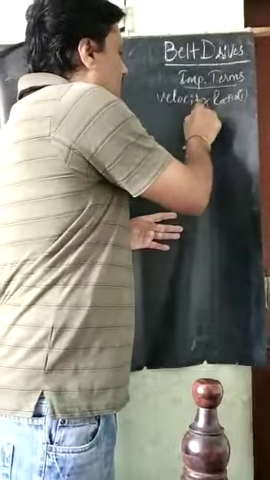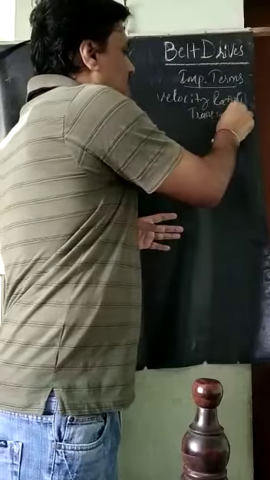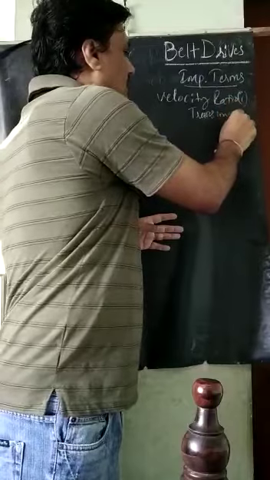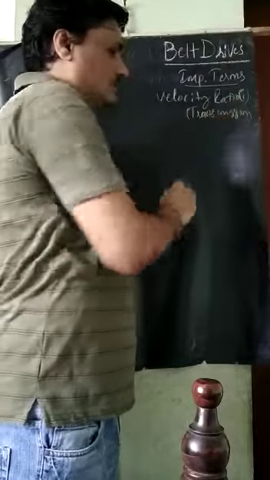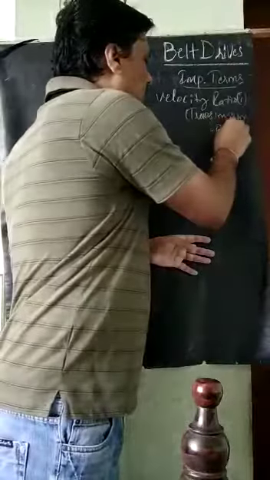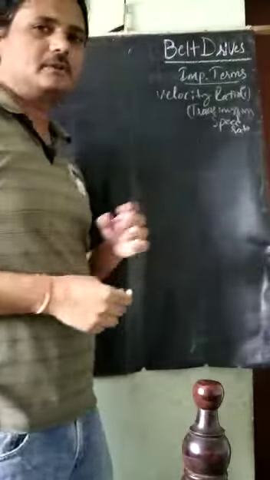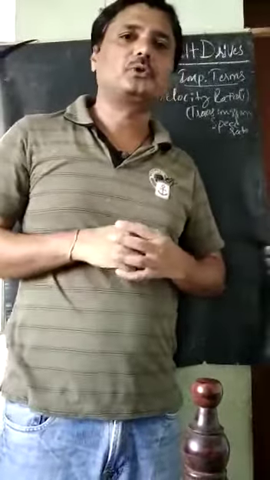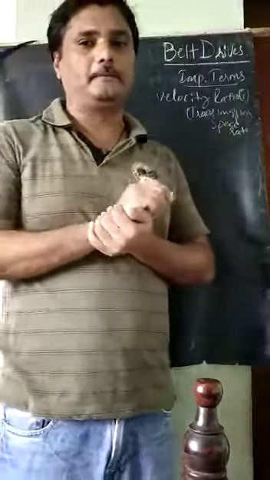It is also called the transmission ratio, and also the speed ratio. So there are a variety of names: speed ratio, transmission ratio, velocity ratio, all are the same.